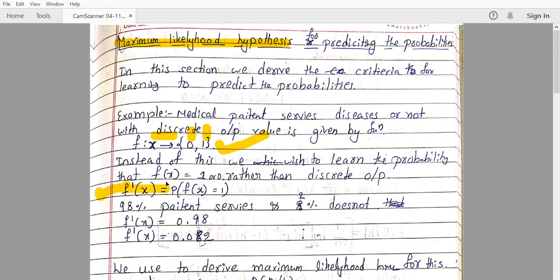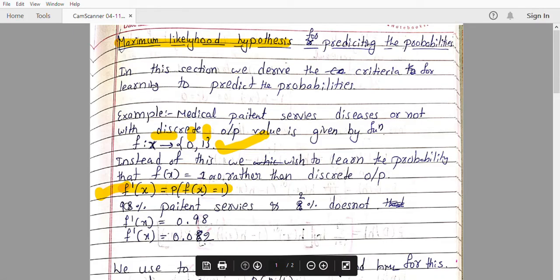This f dash is the function whose value is the probability that f of x is equal to 1. Not directly f of x equal to 1 or 0, but the probability that f of x is equal to 1 or 0. The meaning is the probability that he survives, the probability that he does not survive. That is the value of f dash of x.